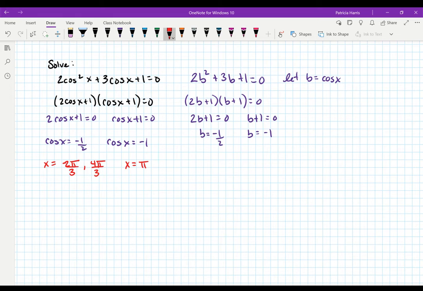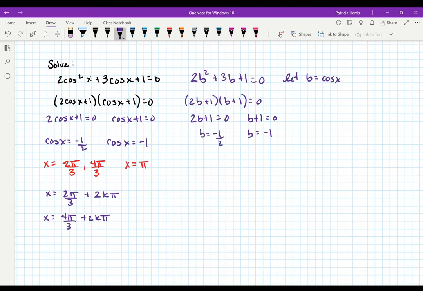Okay, so now this just says solve. It doesn't say solve for 0 to 2 pi. So what you need to do is be aware that these answers are going to repeat every time you cycle through one period. So for cosine, they're going to cycle through every multiple of 2 pi.